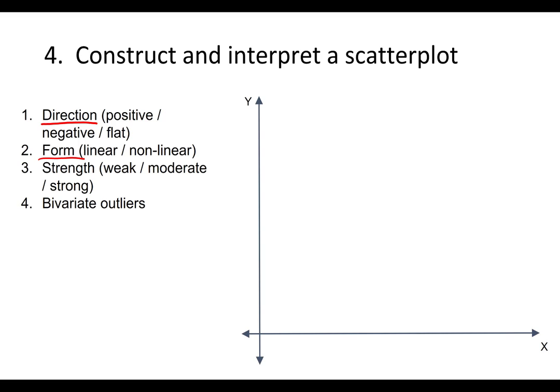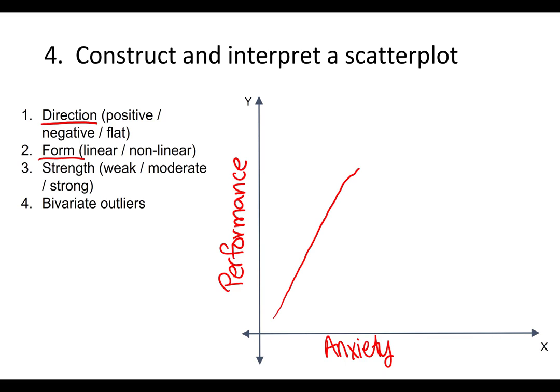For example, sometimes we see that the relationship between anxiety and performance is curvilinear. So as anxiety increases, to a point, performance increases. But then if anxiety is too high, performance can decrease. This is one common example of a nonlinear relationship.